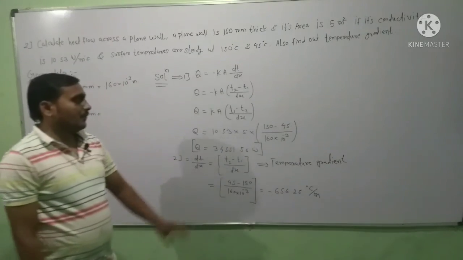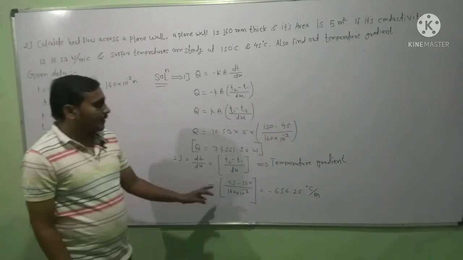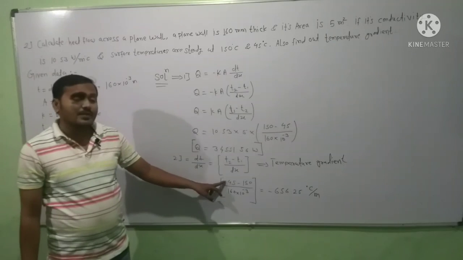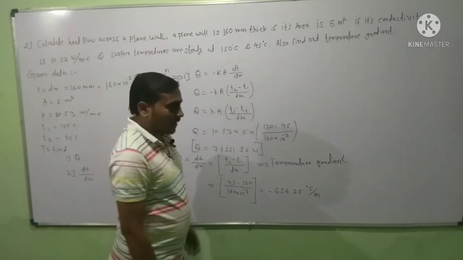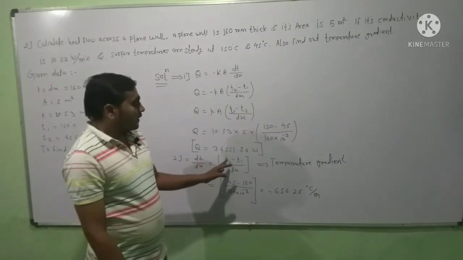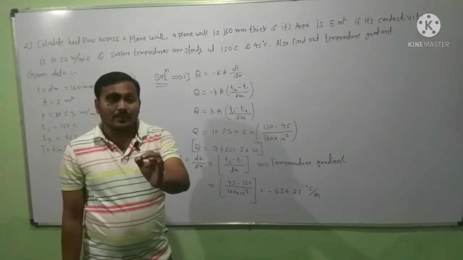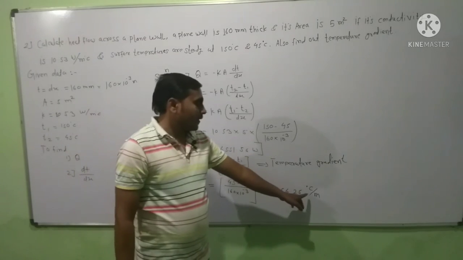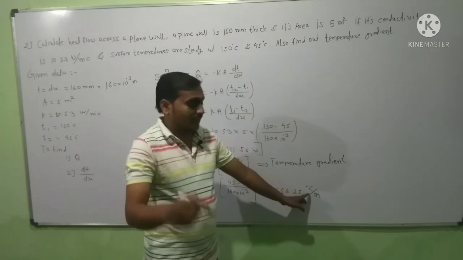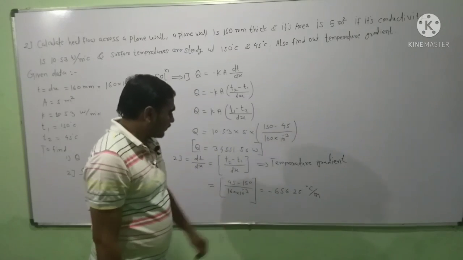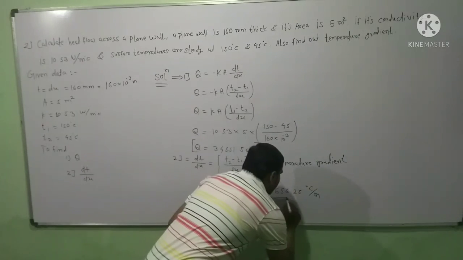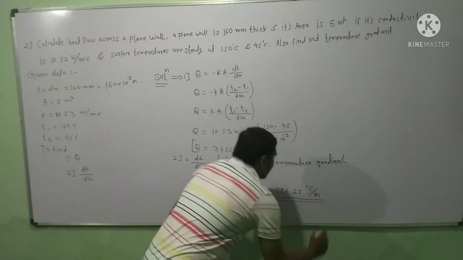Obviously, 45 is smaller than 150, so this will be in minus. Temperature gradient is the ratio of change in temperature to length. That's why your unit has come here. Change in temperature is always measured in degree Celsius and length is measured in meter. This is your required answer.